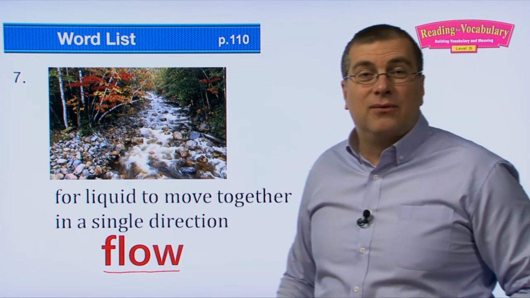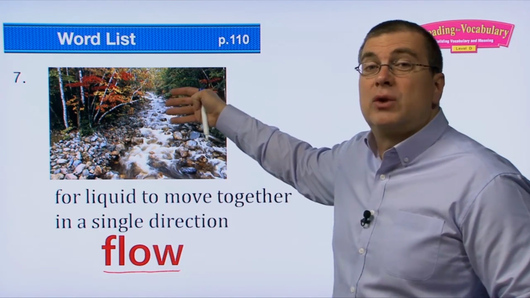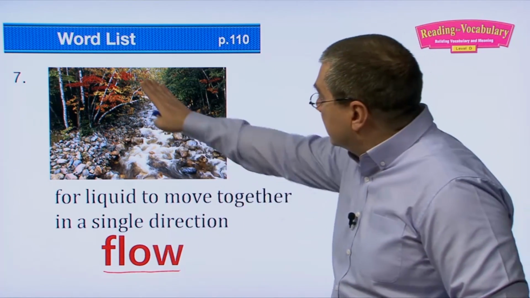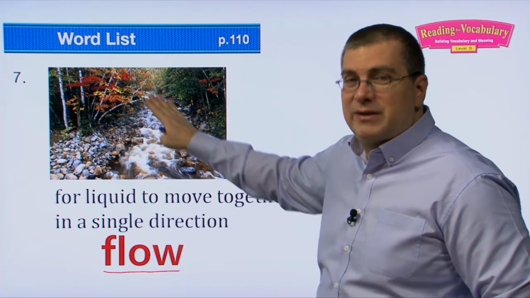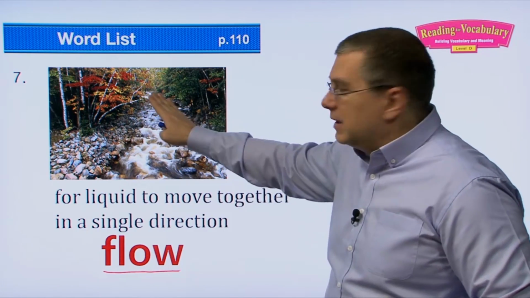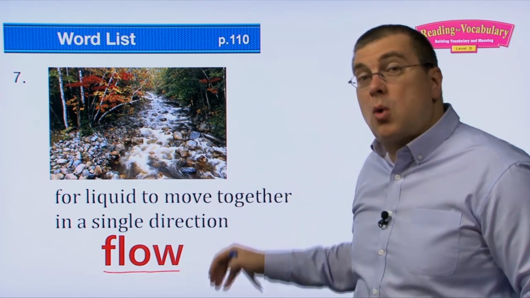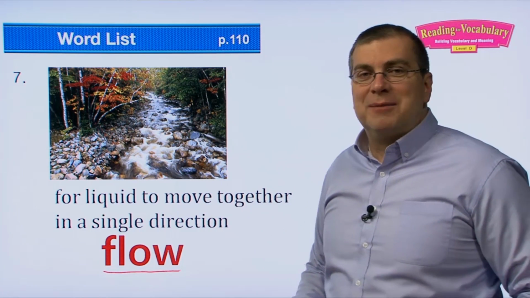Flow is a verb, to flow. So this small stream is flowing quickly, right? Because maybe it's not very steep, but it's not flat. There's uphill and then downhill, and the water will flow quickly downhill. So this is a very active stream, right?